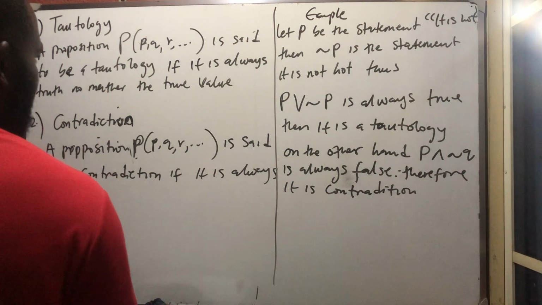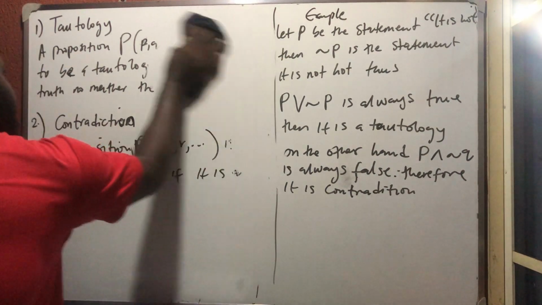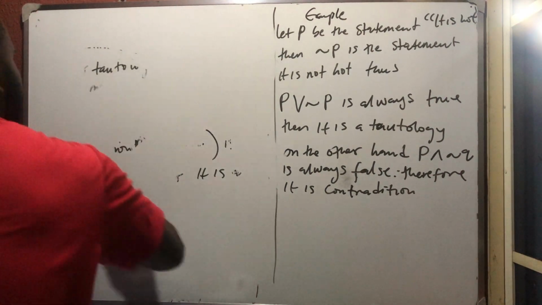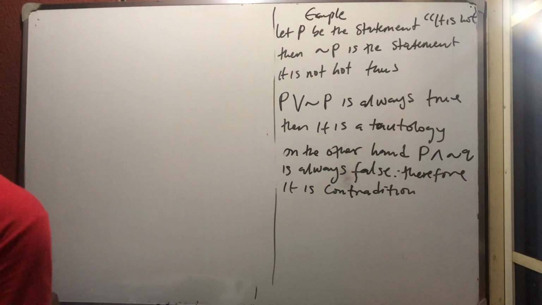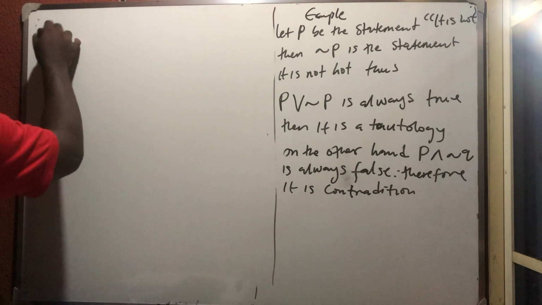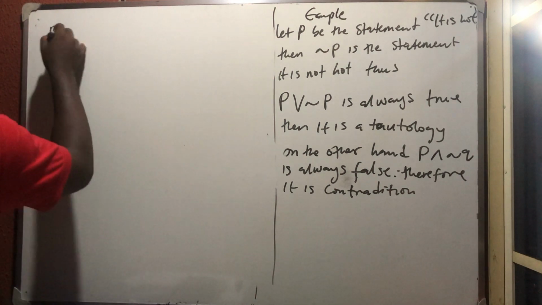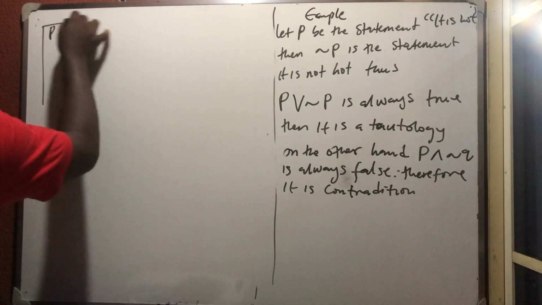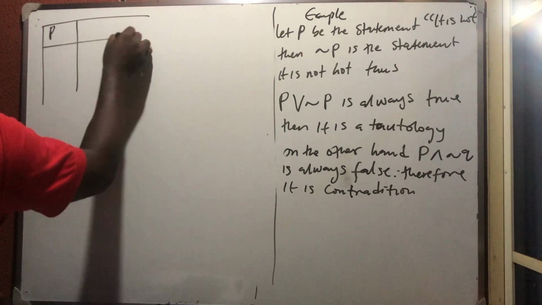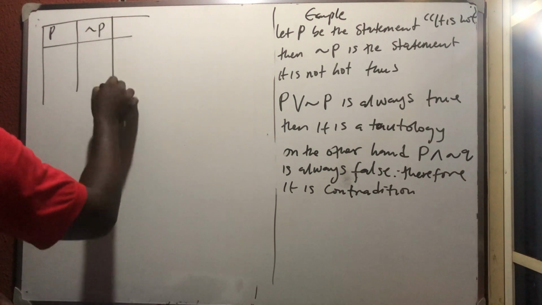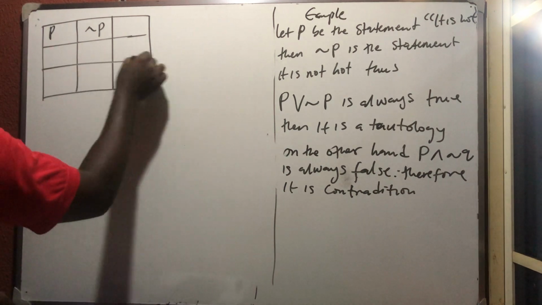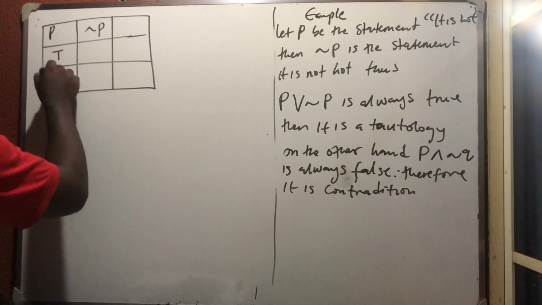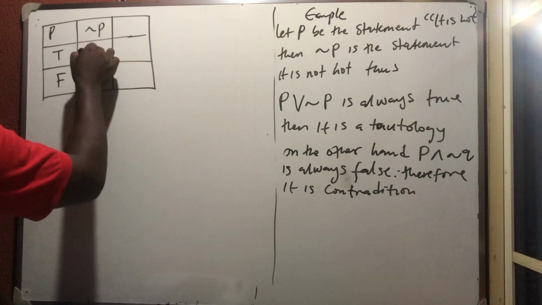So let us draw a truth table to illustrate that. We say that P, and negation of P. I told you that if it is just one variable, it's just true and false, and the negation of true is false.